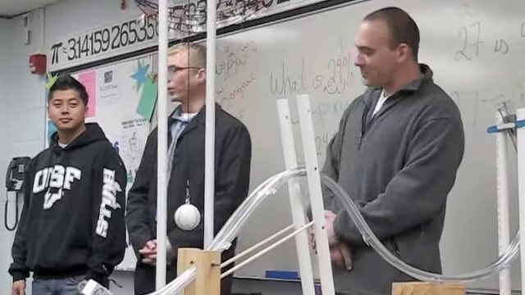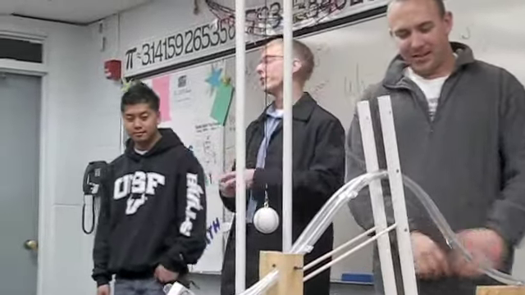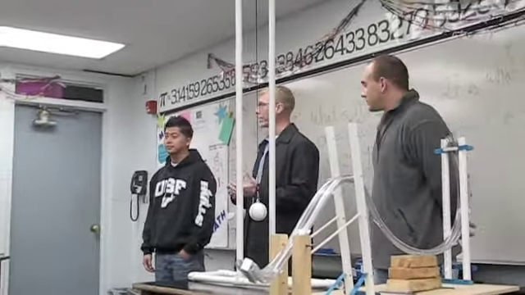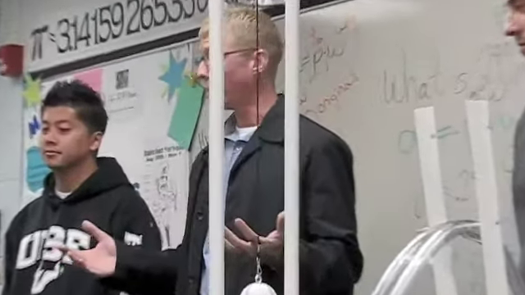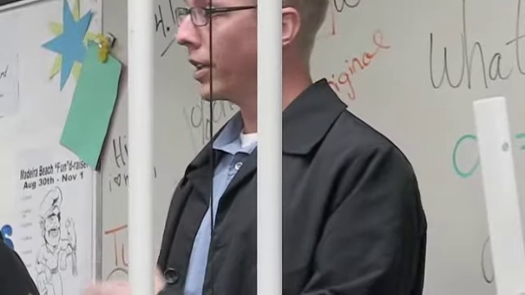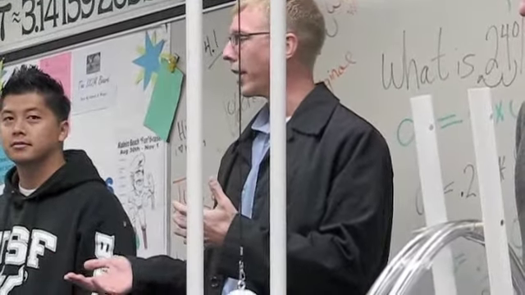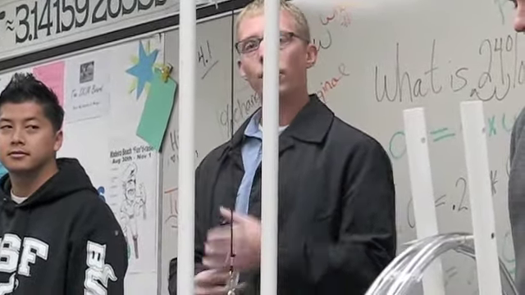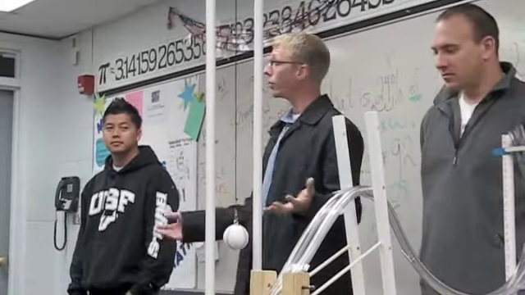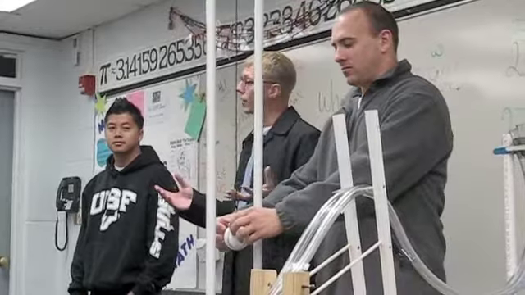Okay. So there's two kinds of energy. Well, actually, there's a bunch. We're talking about two today. There's kinetic energy, which is essentially the energy of motion. It relates to how much something weighs and how fast it's moving. The faster it's moving, the more energy it has. So when something is sitting still like this, its kinetic energy is 0 because it's not moving.